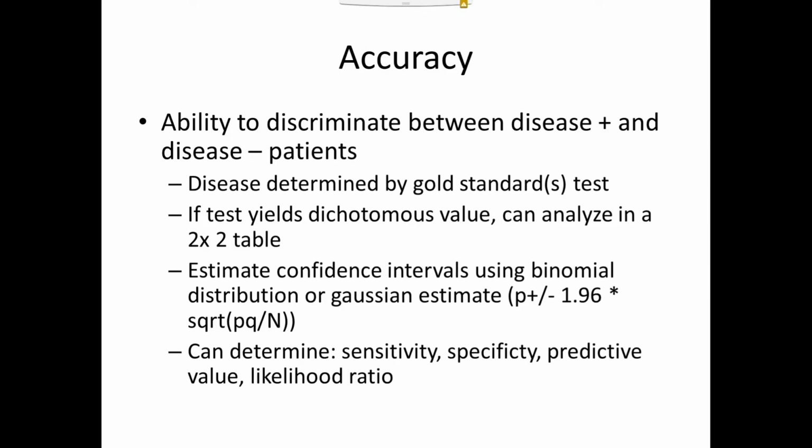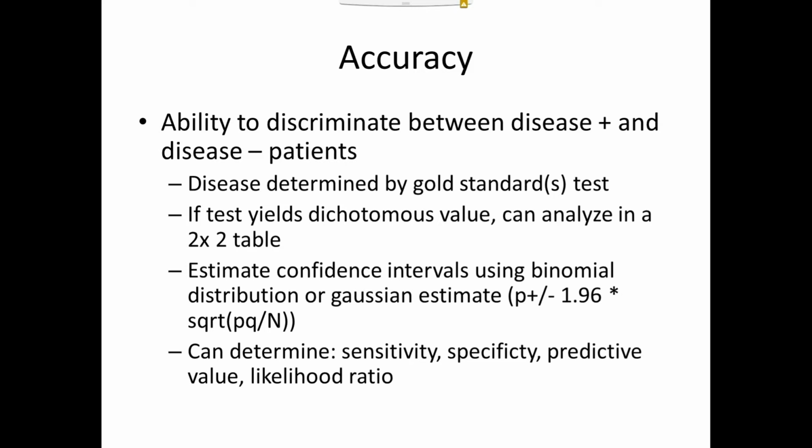So one of the things that we want to determine in such a study is the accuracy of the test and whether it has the ability to discriminate between patients who have the disease and patients without the disease or outcome of interest. The disease is determined by a gold standard test, as we mentioned. If the results yield a dichotomous value, you do your analysis in a 2x2 table.